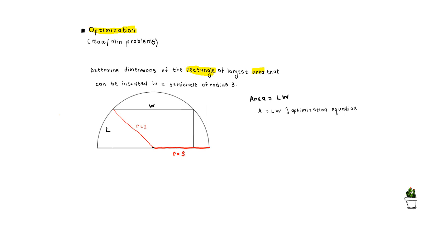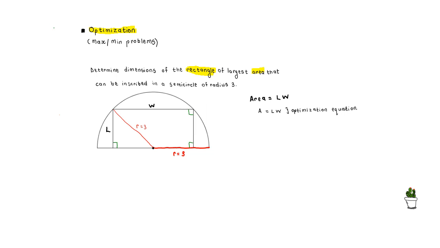Why is this a useful radius to label? Well, because we've been told that what we are working with inside of this semicircle is a rectangle, and we know that the interior angles of a rectangle are all 90 degrees, which means that we have now formed a right-angled triangle within our semicircle.